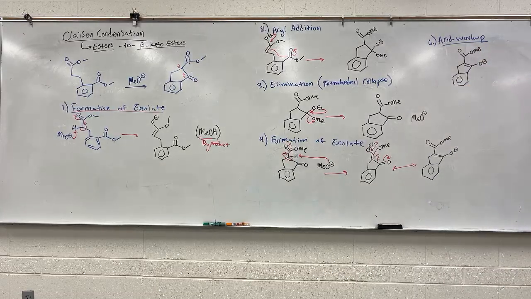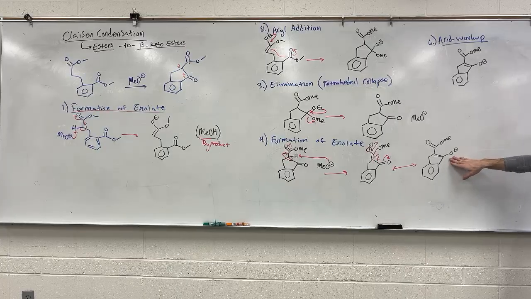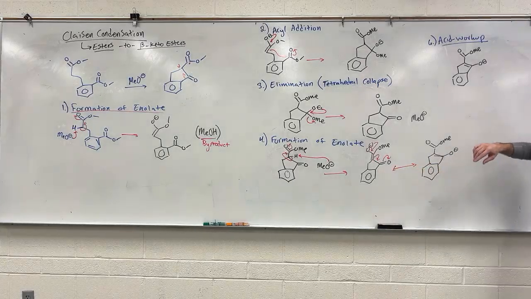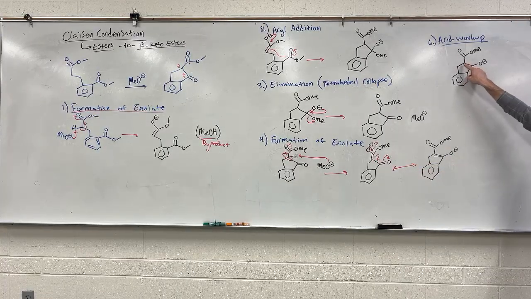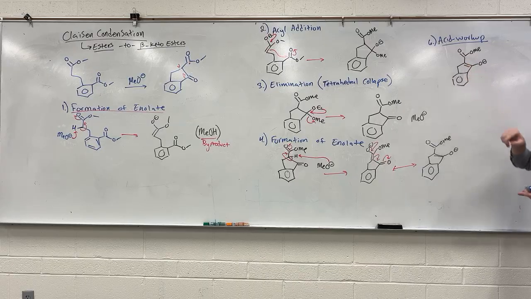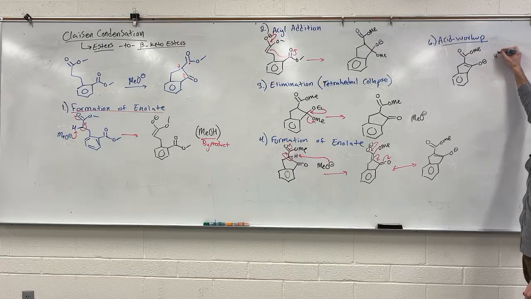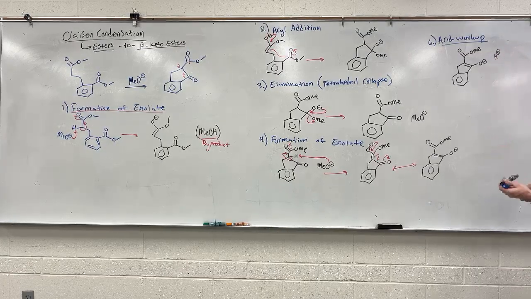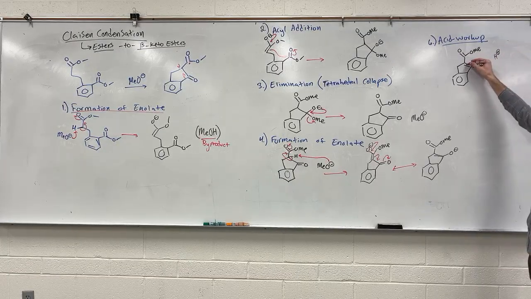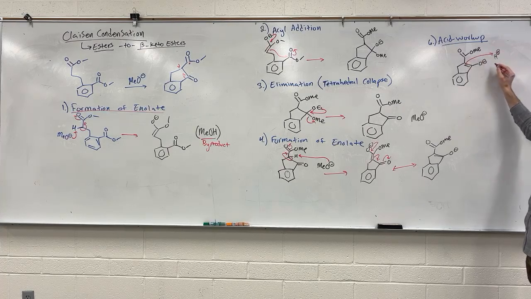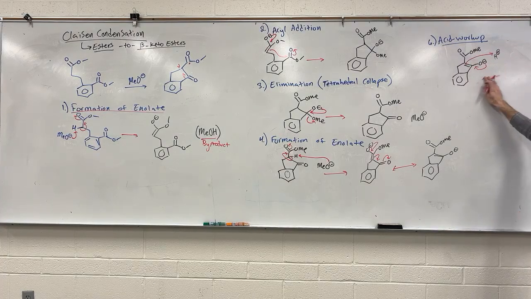Whichever resonance form you show, one major resonance form, the other major resonance form, or the minor resonance form where the alpha carbon holds the electrons, whatever you show, all attacks from the same place. Alpha carbon attacks an acid, and the carbonyls reform.